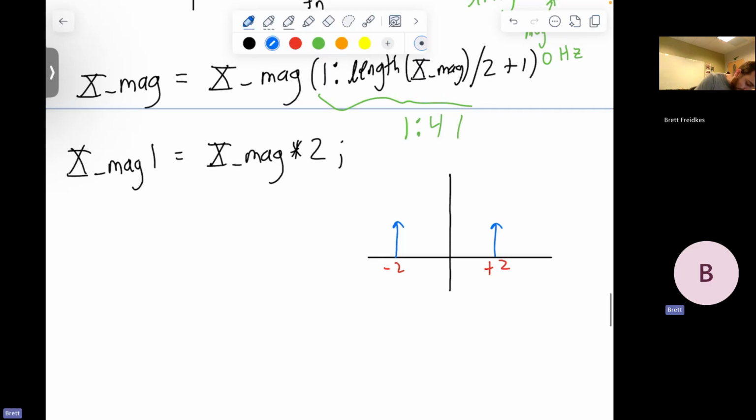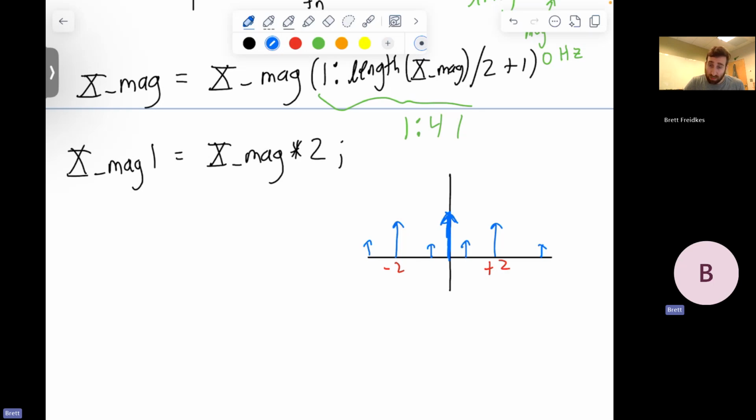If I am at positive 1, there's one at negative 1. If I'm at positive 3, there's one at negative 3. What about 0? Let's say I have a DC signal or a mean signal. Does this have a negative counterpart? Is there a positive 0 and a negative 0?